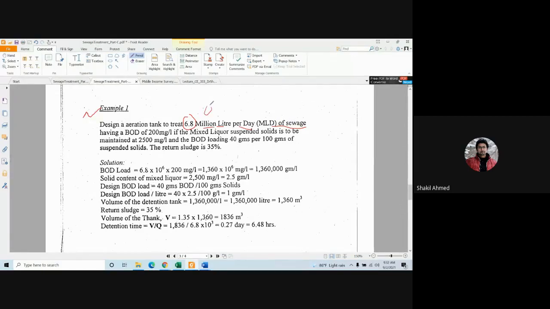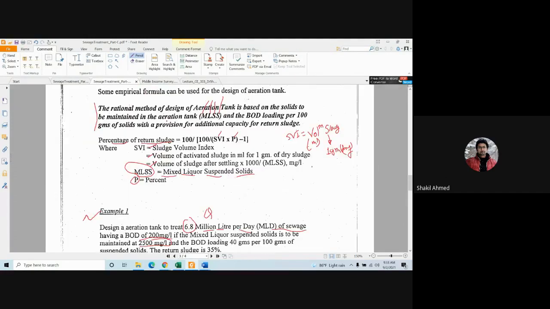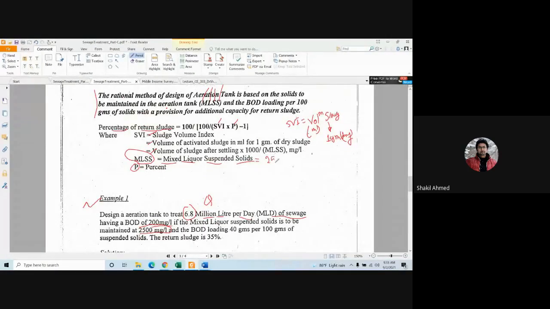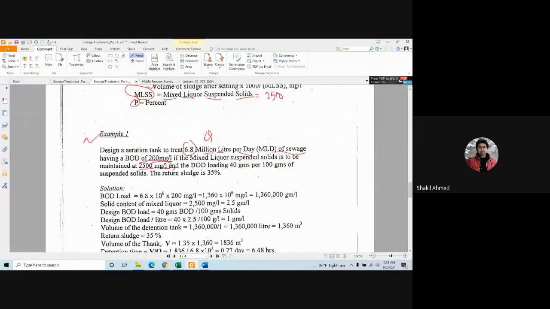This is basically Q. Having BOD of 200 milligram per liter. If the mixed liquor suspended solid is to be maintained as this, so this is given, and this is 2500 milligram per liter. And the BOD loading is 40 grams per 100 grams of suspended solid.